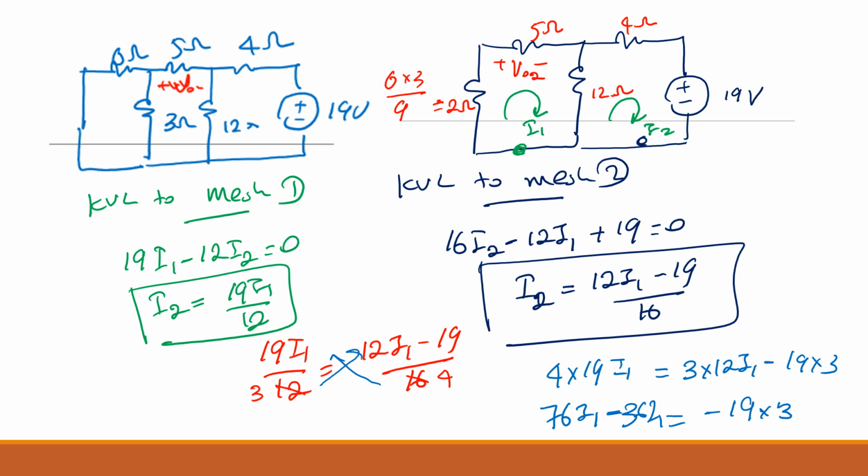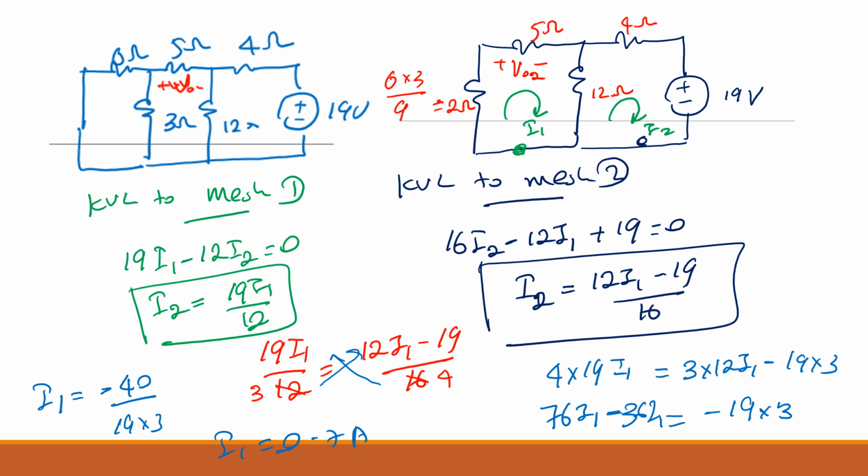So I1 is a negative value. I1 is negative 40 over 19 times 3, which is 0.7 negative. I1 is 0.7 amps negative.